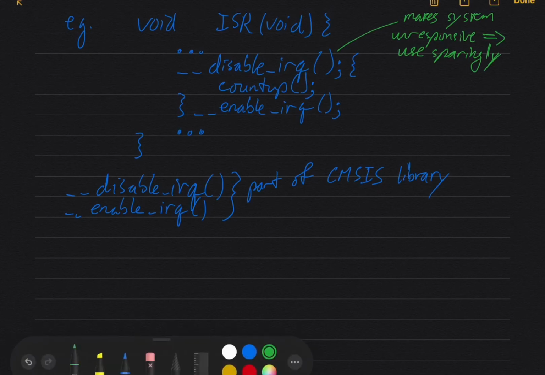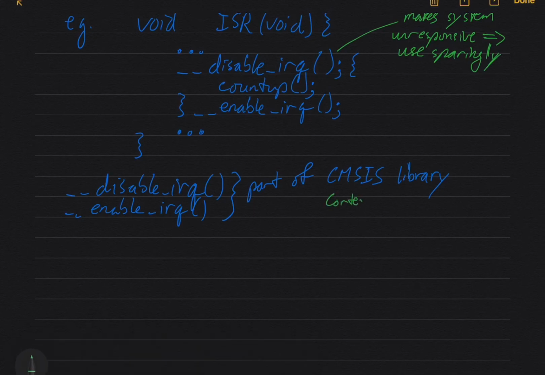CMSIS stands for Cortex Microcontroller Software Interface Standard, so it's for the ARM Cortex family of processors, the 1, 2, 3, 4, and so on. So ARM has provided this library that you can use when you're developing code on any ARM processor, and it gives you these kind of low-level fundamental things which are very useful.